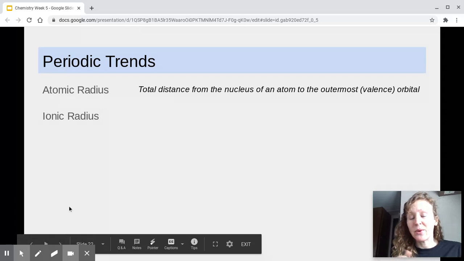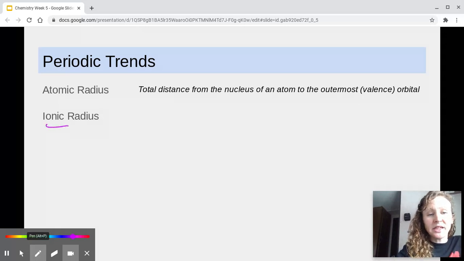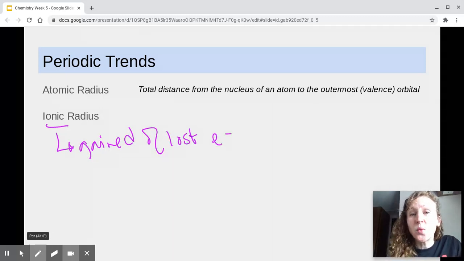There's a similar periodic trend to atomic radius, and that is called ionic radius. Now, we haven't talked about ions a whole lot yet, but an ion is simply an atom that has gained or lost electrons. And so one might think that an ionic radius is the same or very similar to an atomic radius. And in some ways it is.